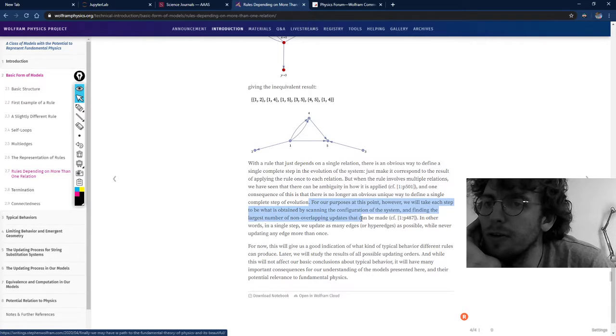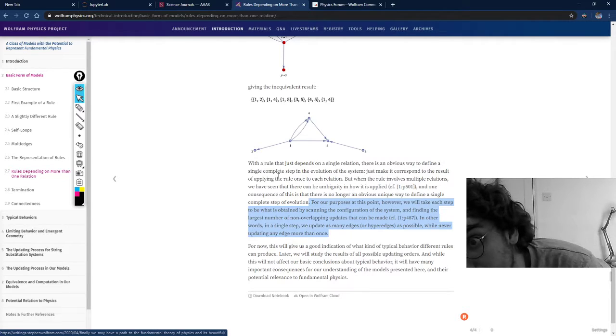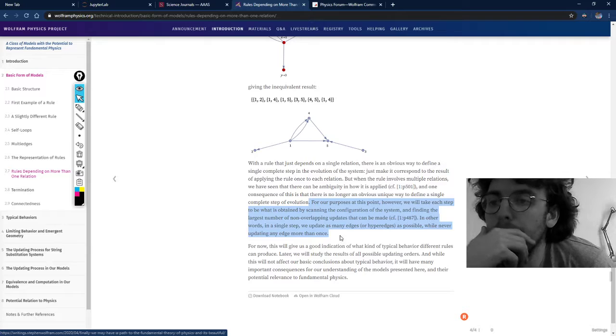For our purposes at this point, we will take each step to be what is obtained by scanning the configuration of the system and finding the largest number of non-overlapping updates that can be made.